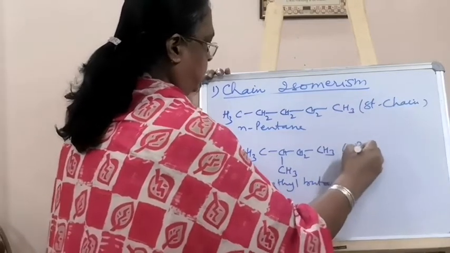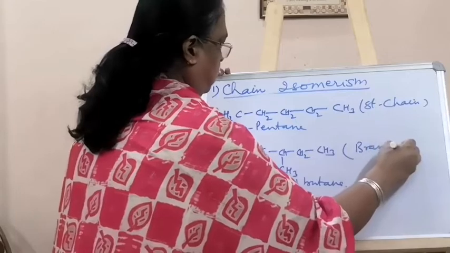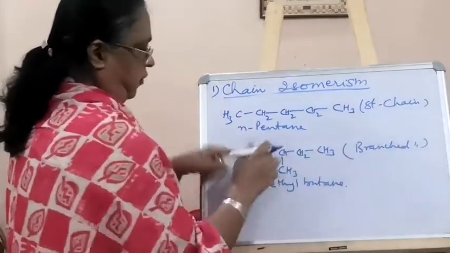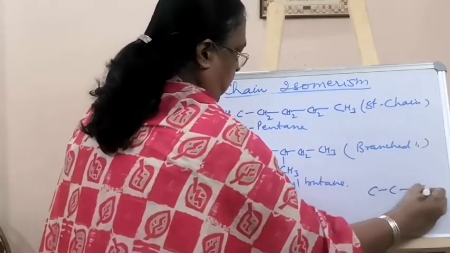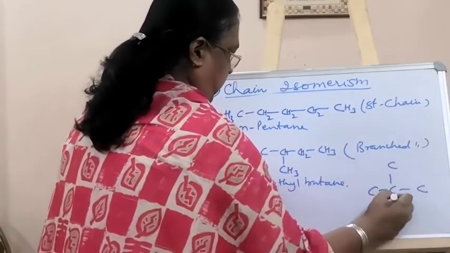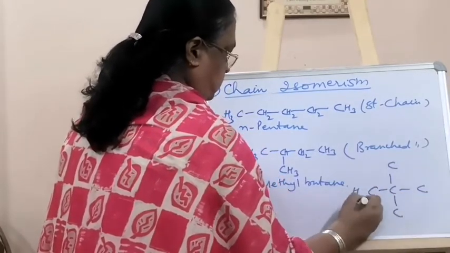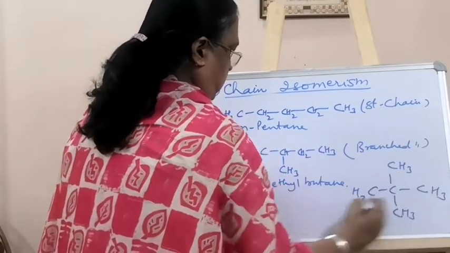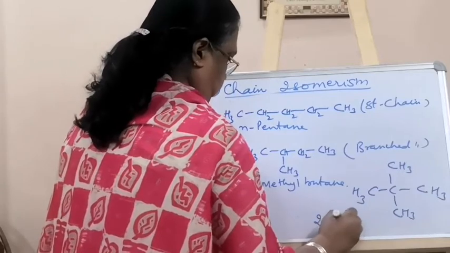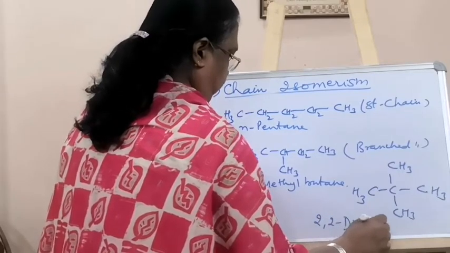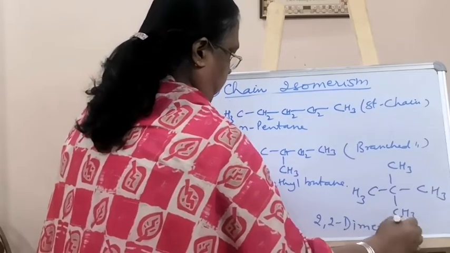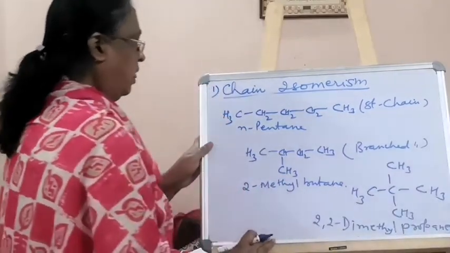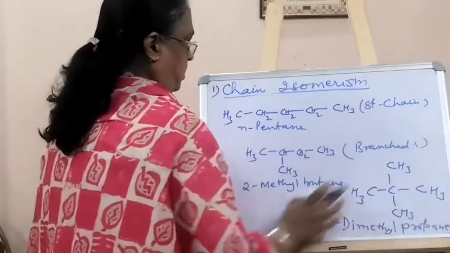This is branched chain. You can have one more structure. From 4 you can come down to 3 carbon and 1 branch up and 1 down. CH3, CH3, CH3 and CH3. This is 2,2-dimethyl propane. Okay. This is also branched isomer.